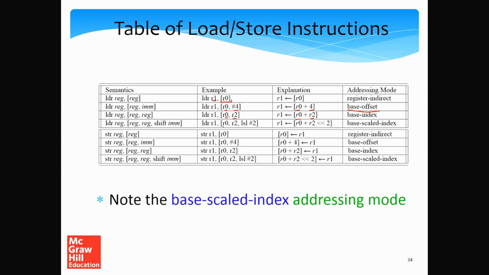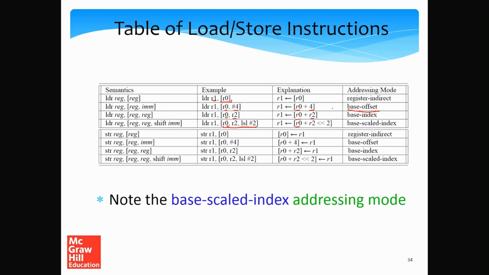Then we have this mode which is slightly complicated. This is a base register, so R0 is still the base, but we have a scaled index. In this case, we are shifting the index to the left by 2 positions. That's the reason I have the left shift operator over here. This is the base scaled index mode, which is useful for accessing arrays, because typically we would access arrays element-wise, like 0, 1, 2, 3, 4.